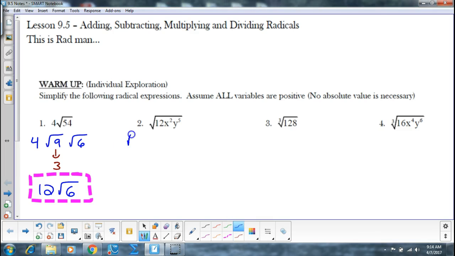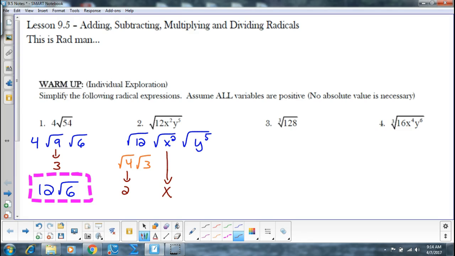So this would be the square root of 12 times the square root of x squared times the square root of y to the 5th, right? Okay. Square root of 12 is the square root of 4 times the square root of 3. The square root of 4 then is 2. The square root of x squared is x.